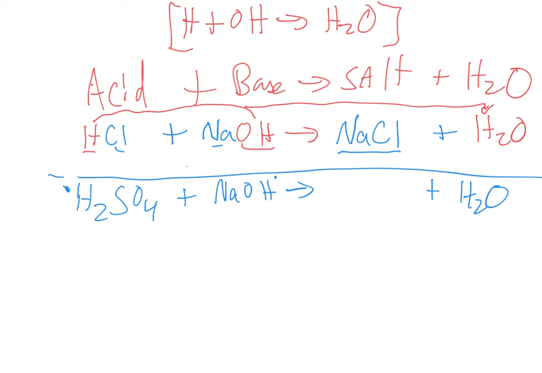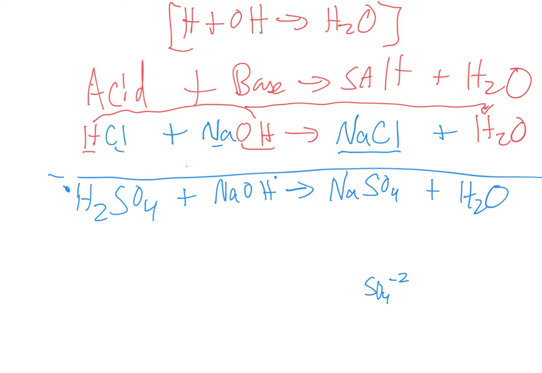So what's left over is sodium, Na, and sulfate, which is SO4. Now, we have to remember what the charges are on these things. And so sulfate has a -2 charge, right? So let's write it down here. So sulfate is SO4 and it's -2.